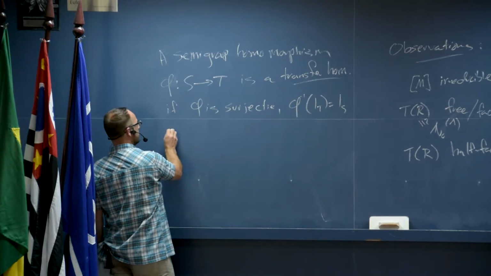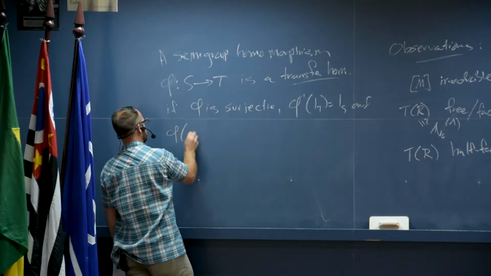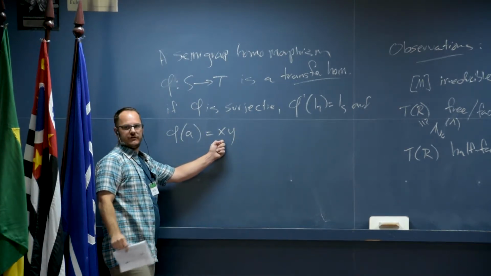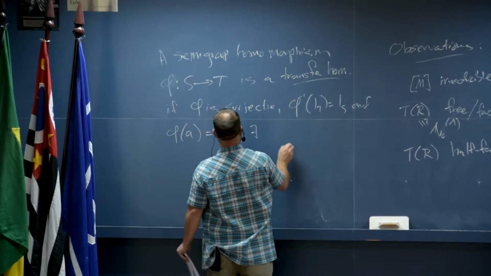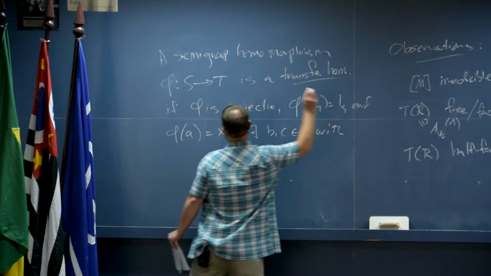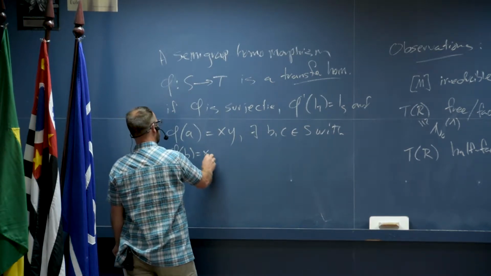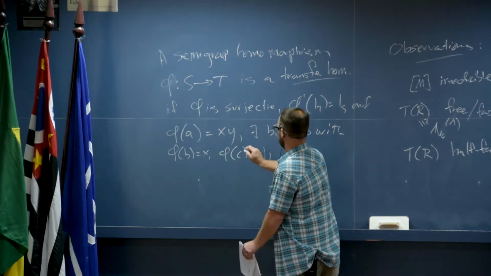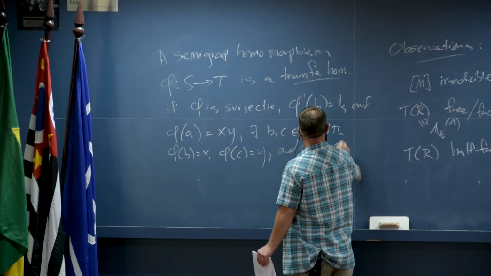The important property is that if you have an element a in S whose image phi of a factors in T as x times y, then you can pull back that factorization. So there exist b and c in S with phi of b is x, phi of c is y, that's just surjectivity, and a equals bc.